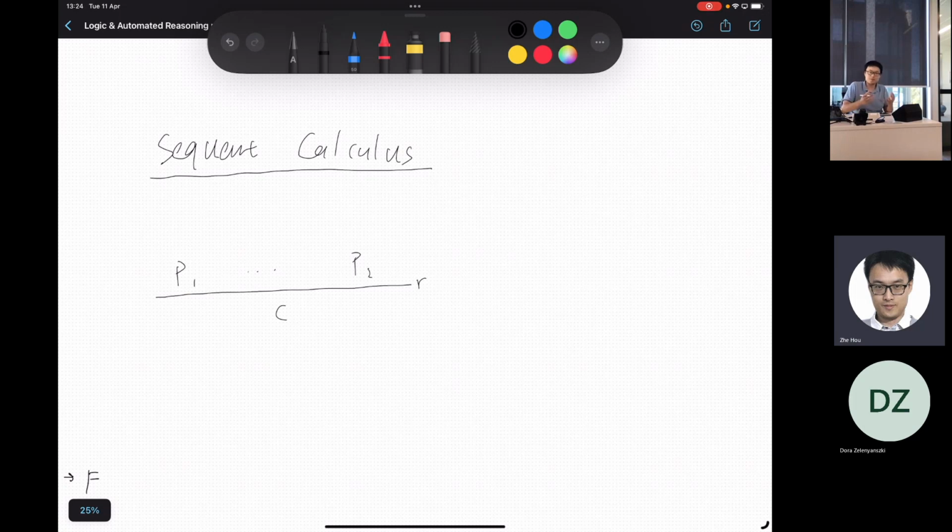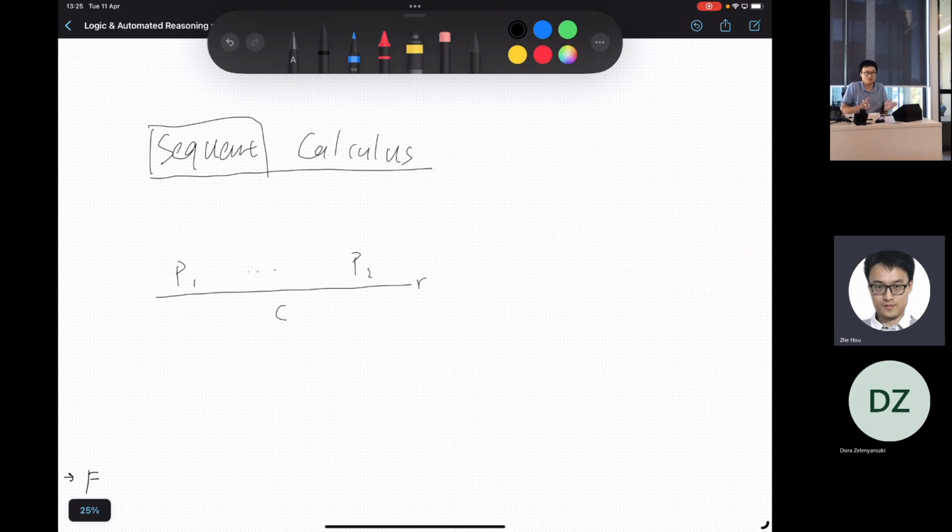Now, every premise and conclusion in sequent calculus is called a sequent. And this English word didn't exist before this. Historically, I think Gentzen named this the calculus of sequences, but in German. So it translates to the calculus of sequences. Being a sequence, it's a list of things.